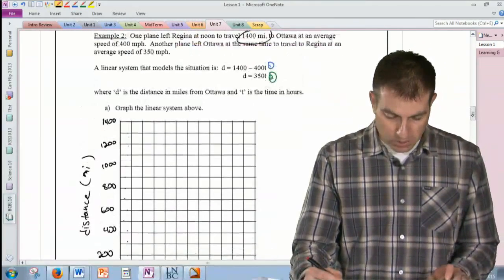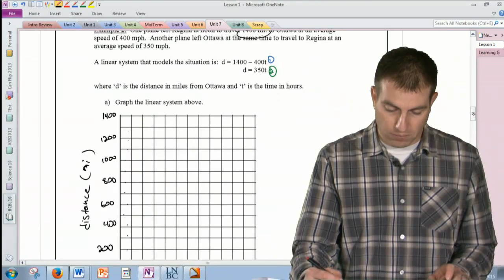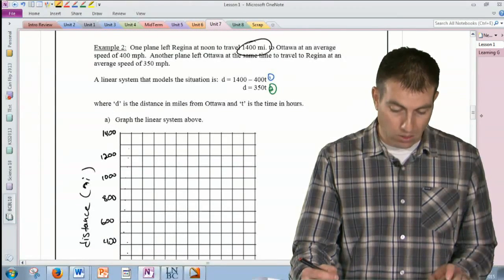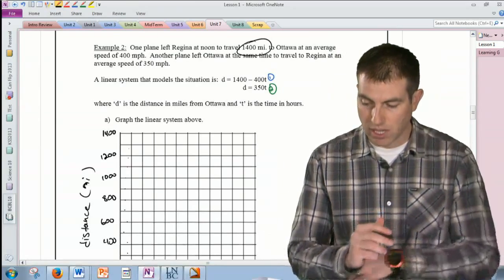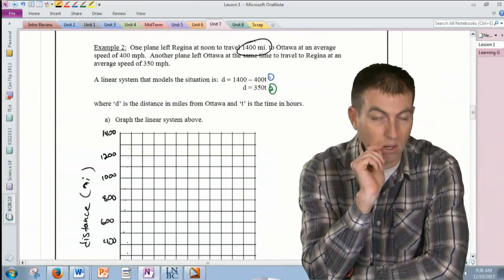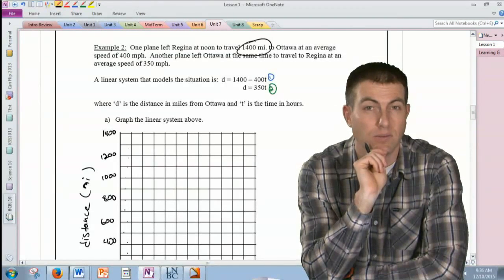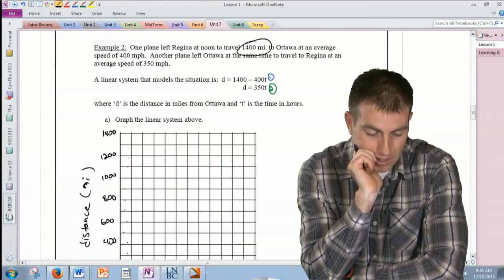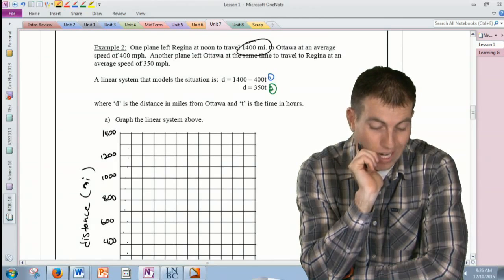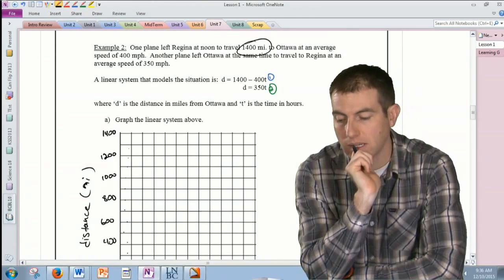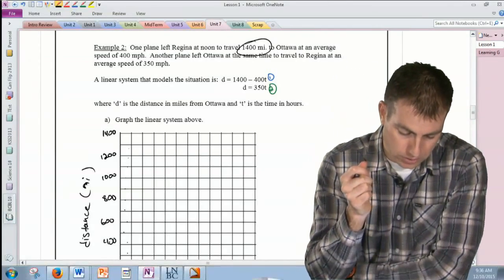Maybe breaking out some quick mental math. If somebody's traveling at 400 miles in an hour and I'm traveling 1,400 miles, how much time is that going to be? So every hour I travel 400 miles. How many hours till I get to 1,400? So I'm thinking 400 miles per hour times 4 hours would be 1,600 miles. So I'm looking at between 0 and 4 hours essentially.